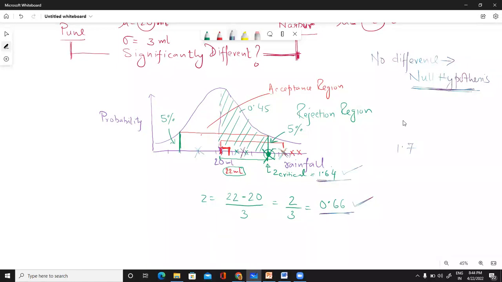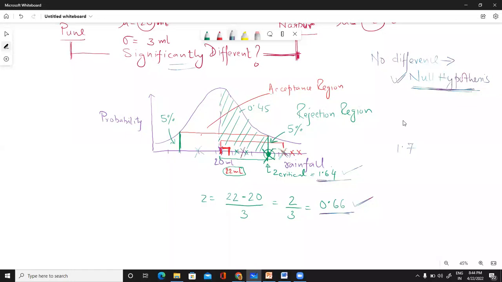If after doing all this calculation, finding out Z critical, finding out the Z value of the new value, and comparing them, we find that the Z value of the new value is less than the Z critical value, then we know that it is in the acceptance region. So we accept the null hypothesis that there is no difference. The difference between rainfall in Nagpur and Pune is not significant.